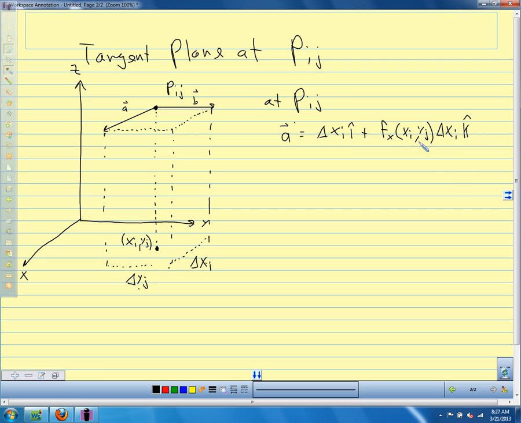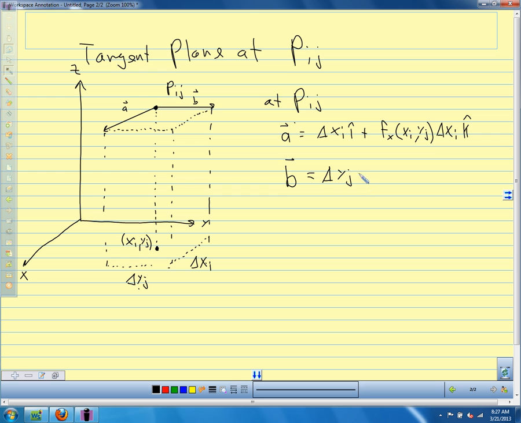So this tells us how much that vector A goes up in the z direction. We can think of this as the slope times the distance we travel in that direction.